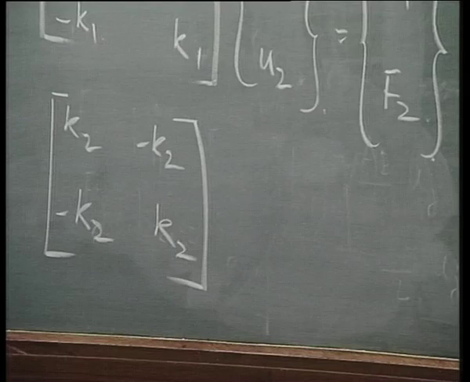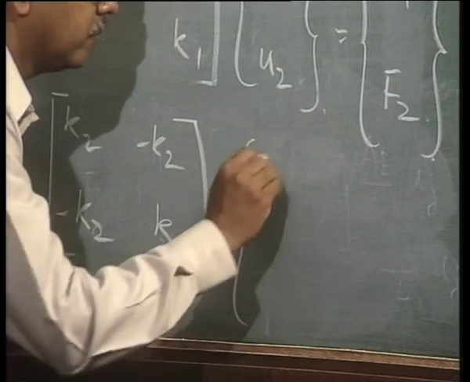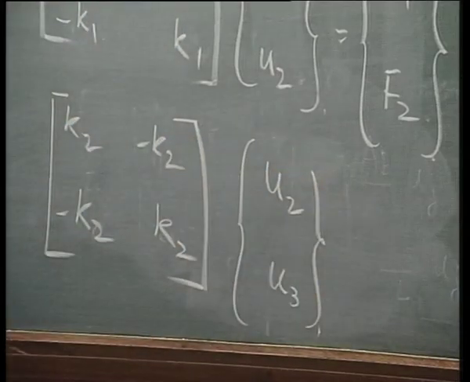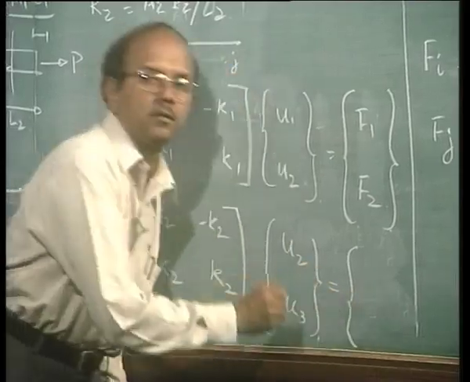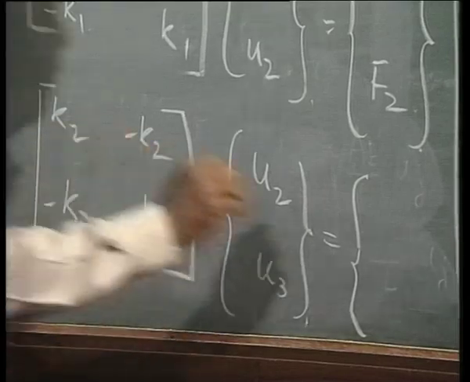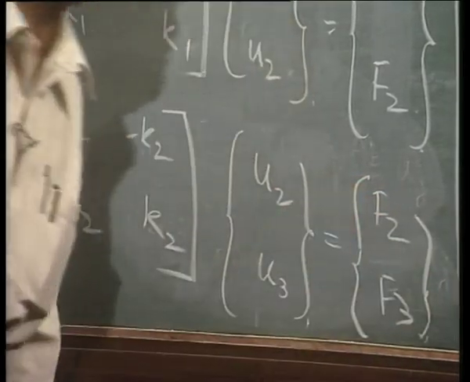Instead of now 1 and 2, what are our i's and j's? 2 and 3, U2 and U3. Is that clear? Okay. And what happens to this guy here? F2 and F3.